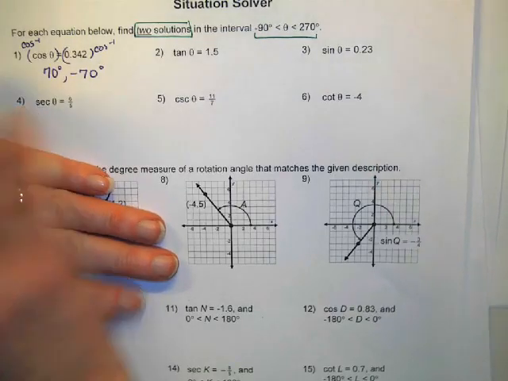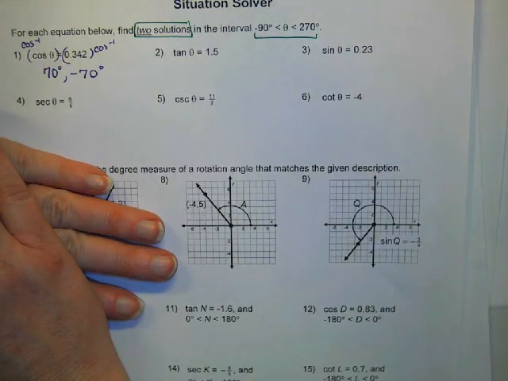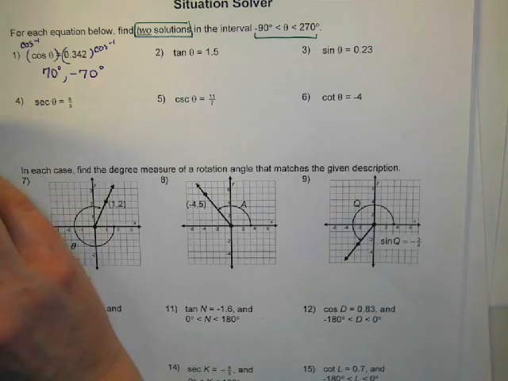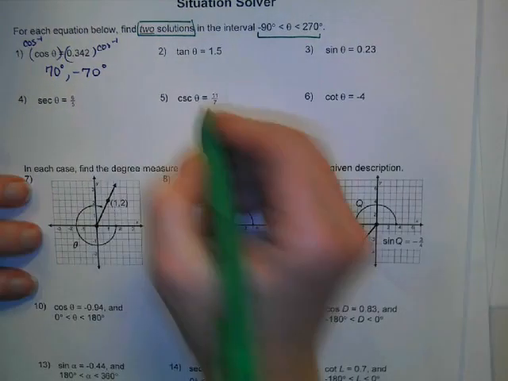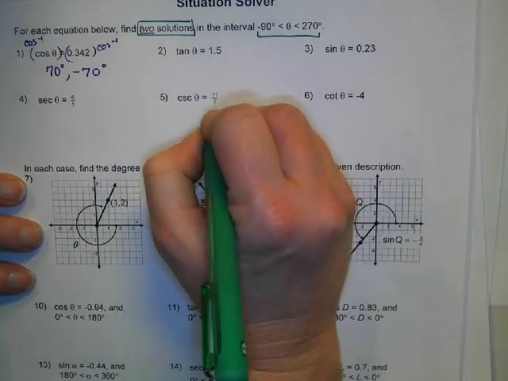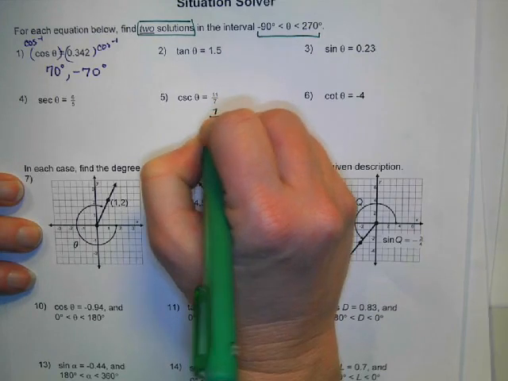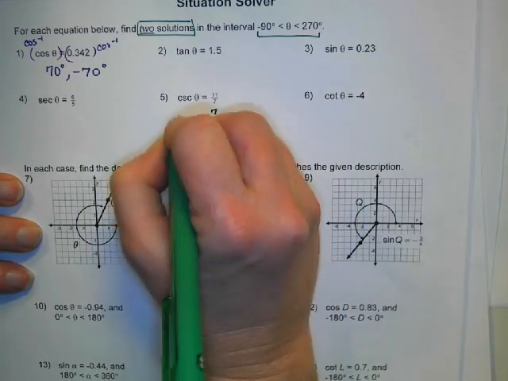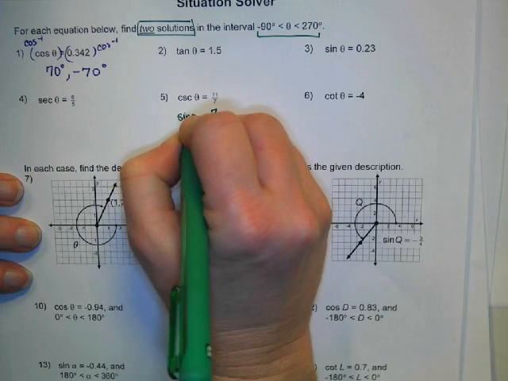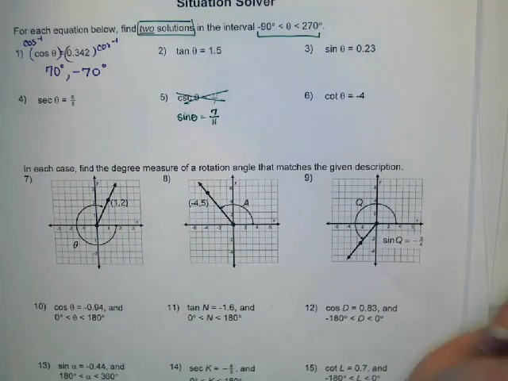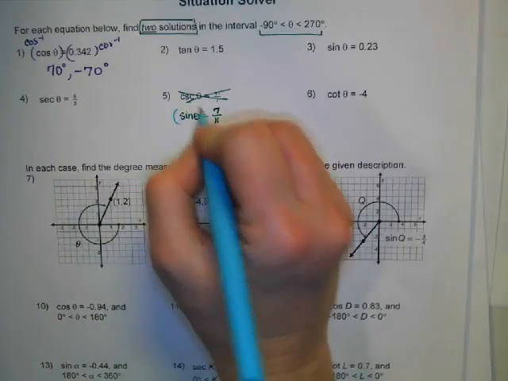You just flip it. It's reciprocal. They have a reciprocal relationship. So I could flip 11 over 7 and make it 7 over 11. And now it's no longer cosecant. It's now sine. And I do have an inverse sine button. So I'm going to make this inverse of sine.